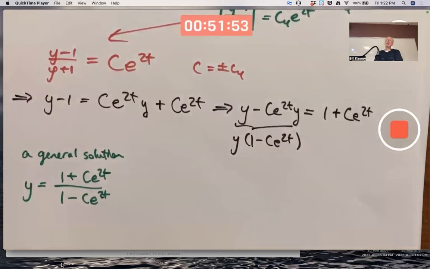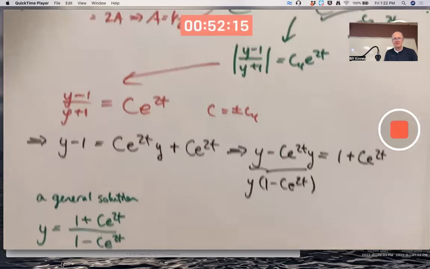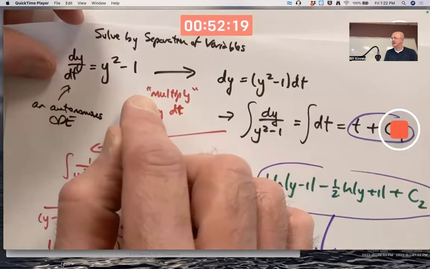Is it really a general solution? Remember what I said it means to be a general solution, typically at least. It means every function that looks like this is a solution. I'm not going to take the time to verify that. What would I have to do to verify it? It would be harder than verifying that first example, for sure. I'd have to substitute into the differential equation on the left-hand side and the right-hand side.